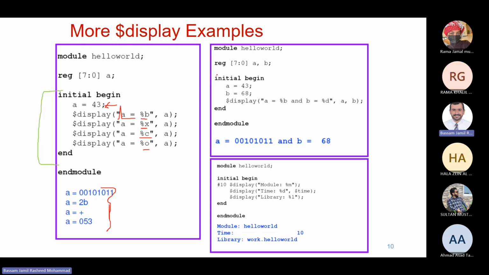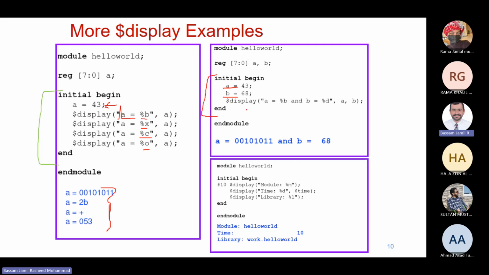And here in this initial block, we set the value of A and B. These are examples, by the way, that you should do in your simulator. Very soon we will allow you to download the simulator. I'm going to talk with my assistant in the course to allow you to start doing the simulation.